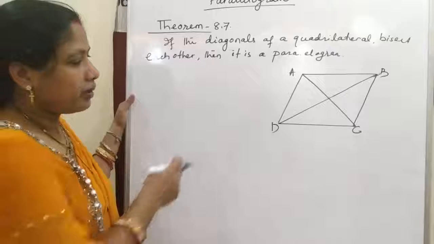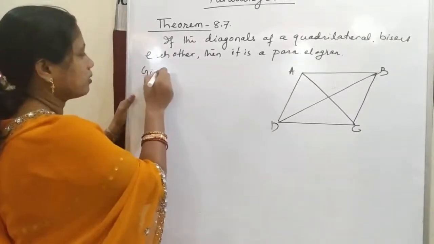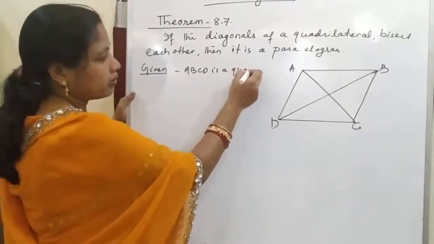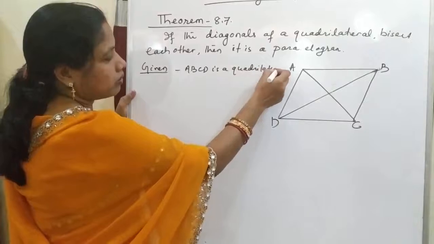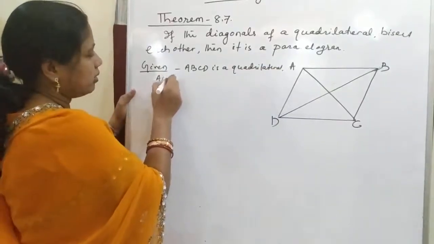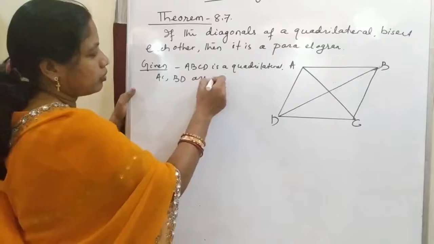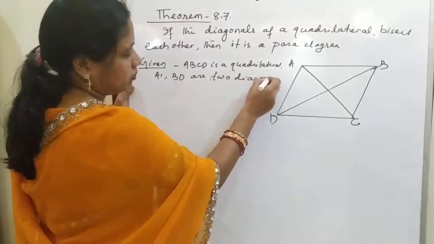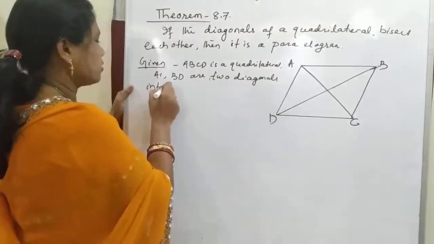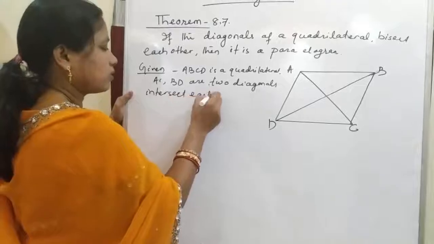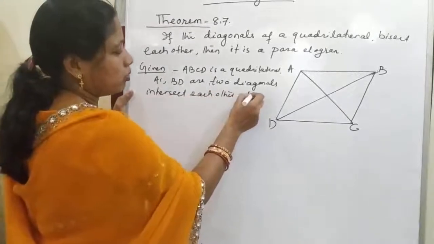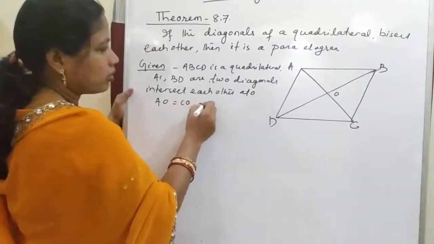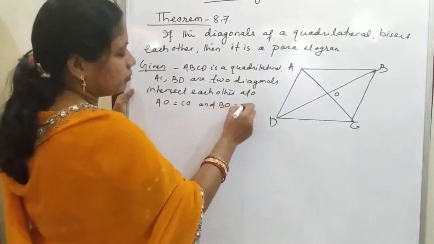It is given that ABCD is a quadrilateral, AC and BD are two diagonals intersecting each other at O, and AO is equal to CO and BO is equal to DO.